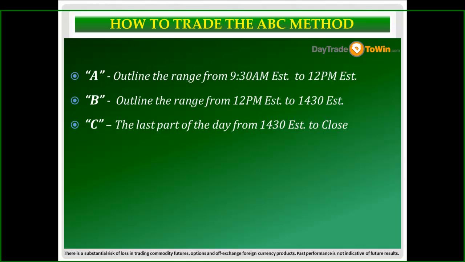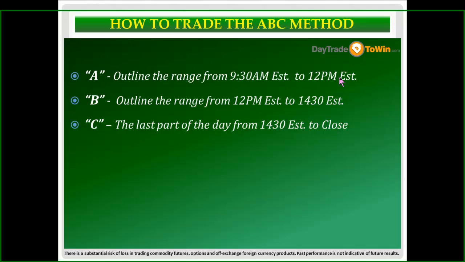So the A part of the day starts at 9:30, which is when the E-mini market opens for me. If you're in a different time zone, let's say you're in Central or Mountain or California time, then you're going to be able to change that time to 6:30 or 7:30. But it's usually when the U.S. market opens, whatever your time zone happens to be. For me, it's Florida Eastern Standard Time, so 9:30, and the next 2.5 hours to 12 o'clock.